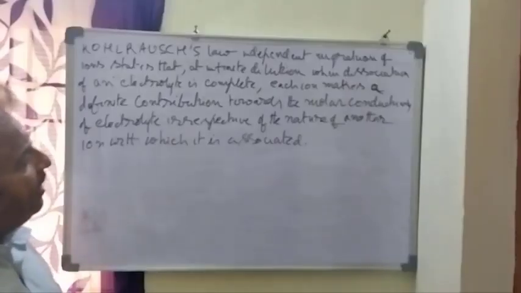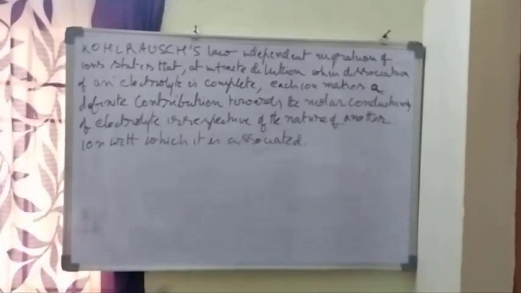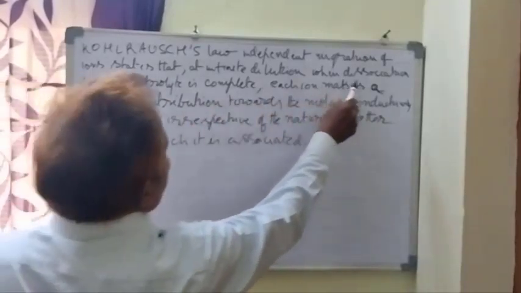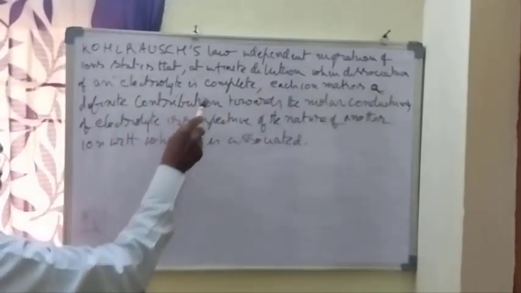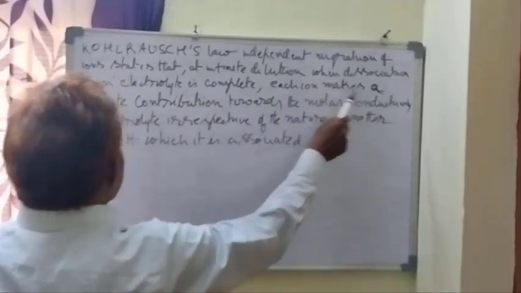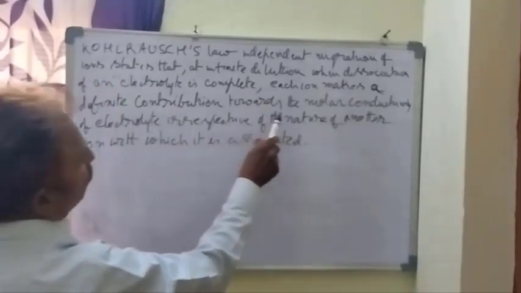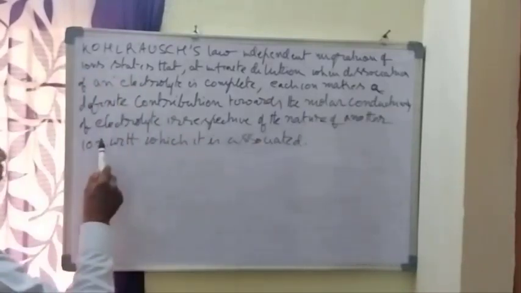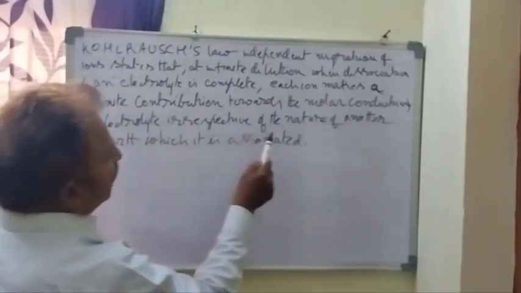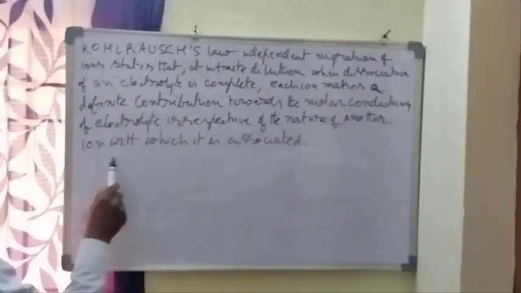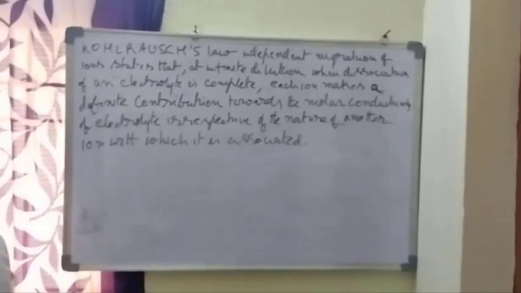Kohlrausch law of independent migration of ions states that at infinite dilution, when dissociation of an electrolyte is complete, each ion makes a definite contribution towards the molar conductivity of that electrolyte, irrespective of the nature of the other ion with which it is associated.